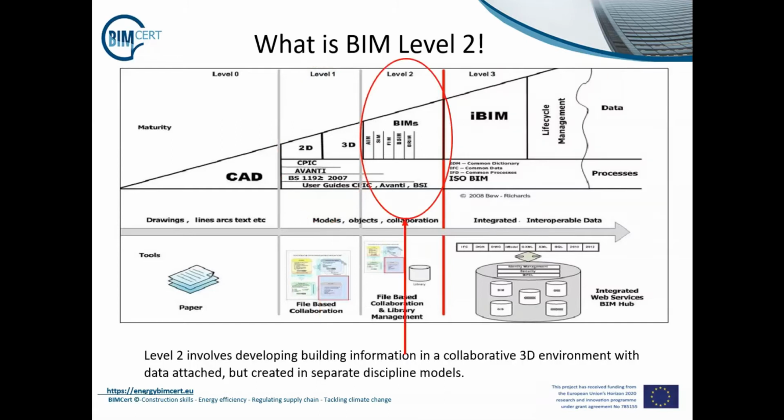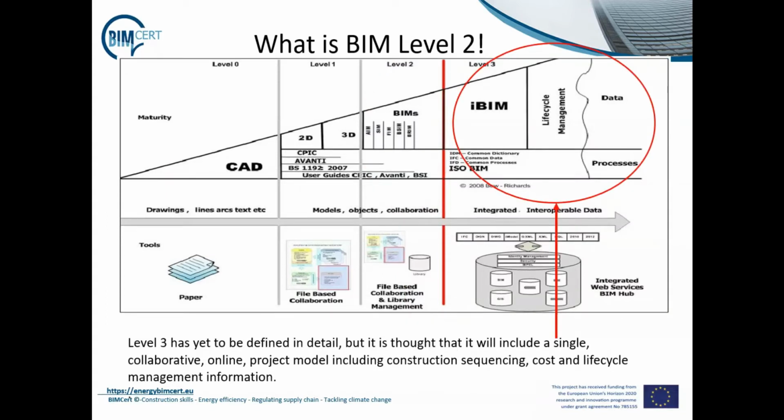Level 2, which we've already looked at, is essentially described as collaborative BIM. A federated model information is shared within a common data environment. And while Level 3 BIM has not yet been fully defined, the UK Government's Level 3 strategic plan sets out key measures which will be required in order to begin to successfully execute a Level 3 standard.